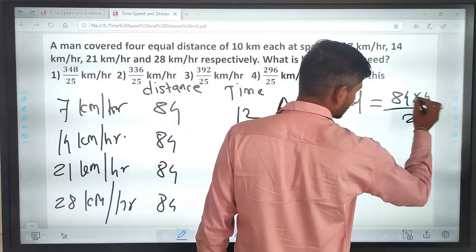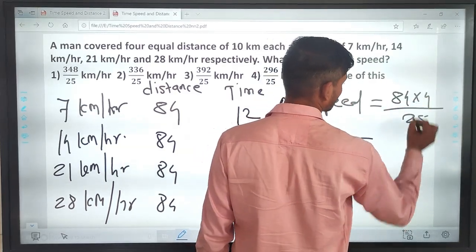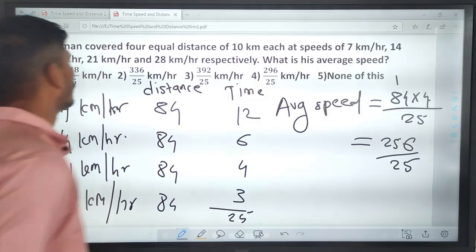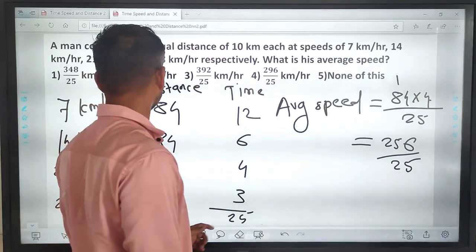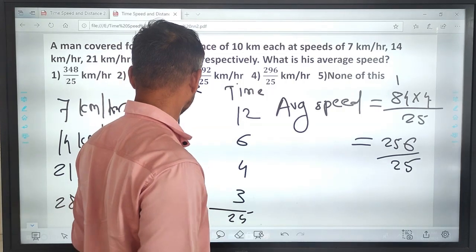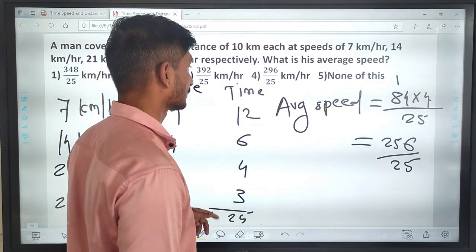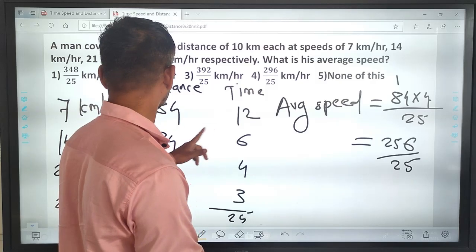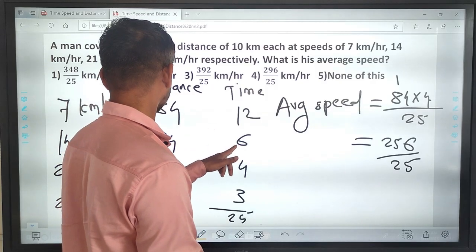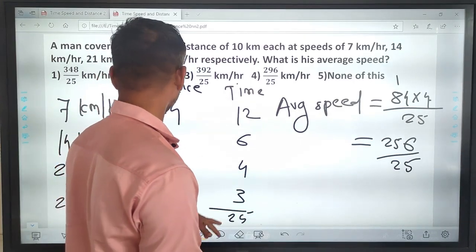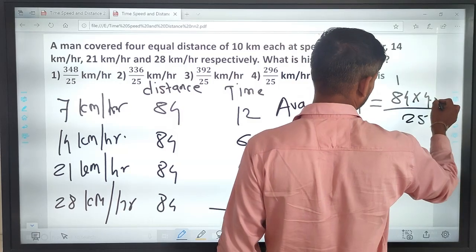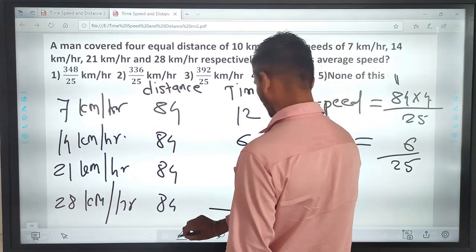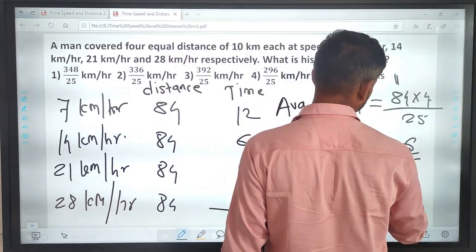Here the multiplication is wrong: 84 into 4, 4 times 4 is 16, 8 4s are 32 plus 1 is 33, so it is 336.